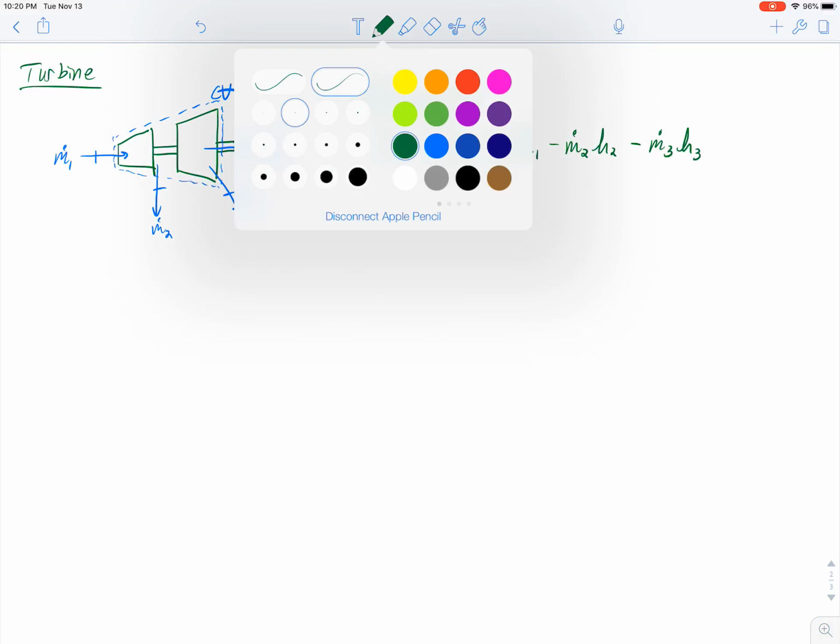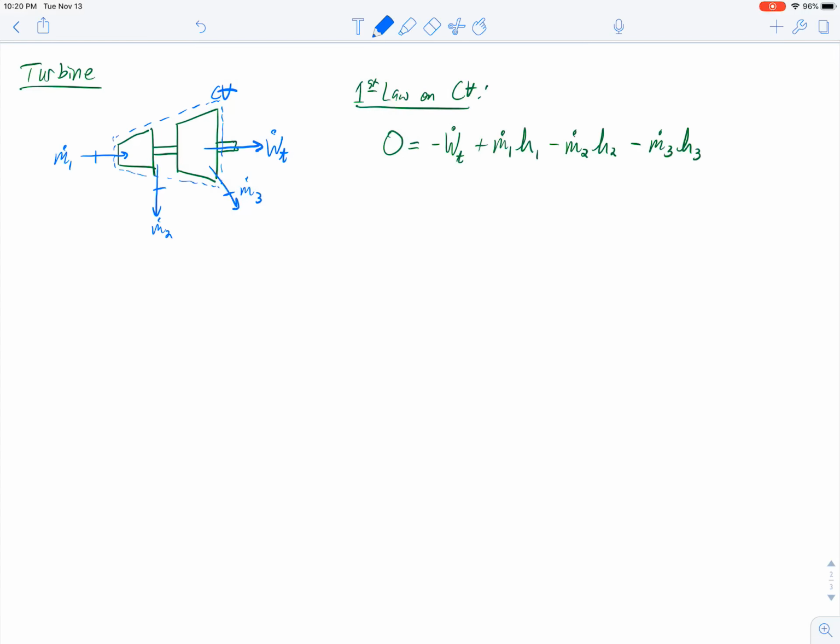Okay, let's do the same as we've been doing. Divide both sides by mass flow rate, or the total mass flow rate. I have to be careful here because not every component sees the same flow rate.